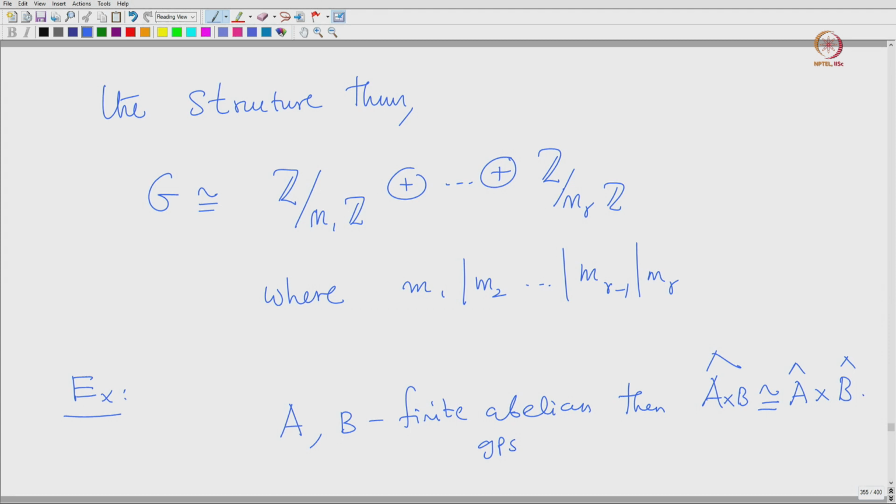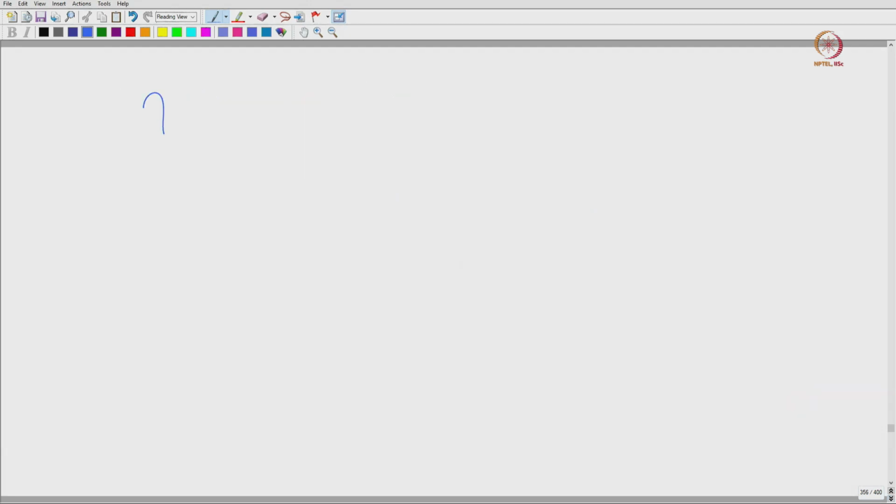This follows from the fact that if you start with a group homomorphism from A cross B to C cross.